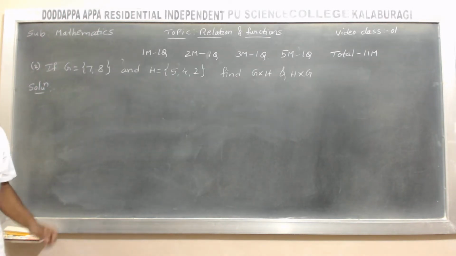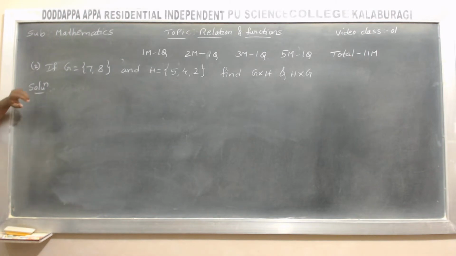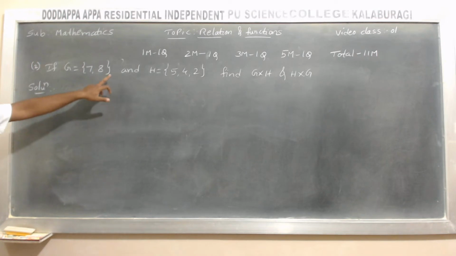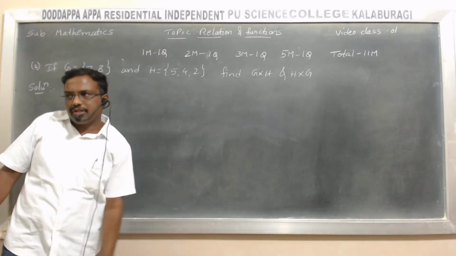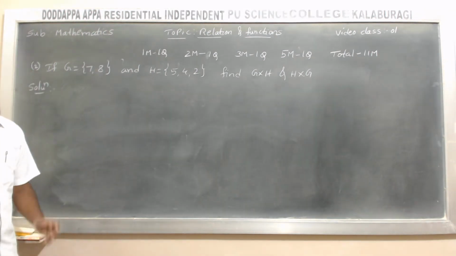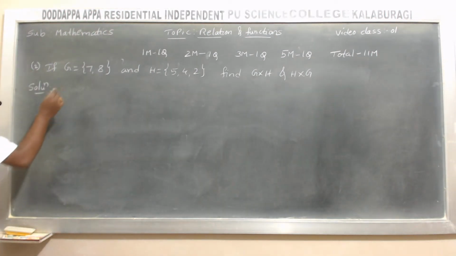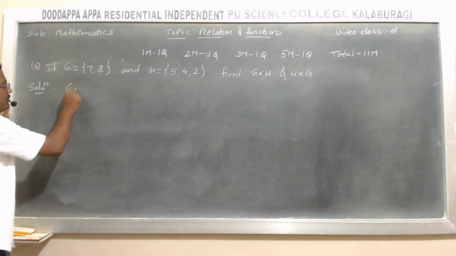Okay, now the second problem. Here what is the given? If G is equal to the set {7, 8} and H is equal to the set {5, 4, 2}, then you have to find G cross H and H cross G. As usual, first you have to write the given values.